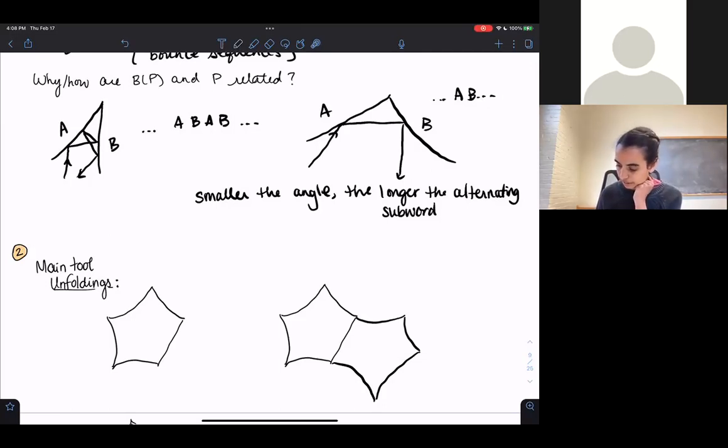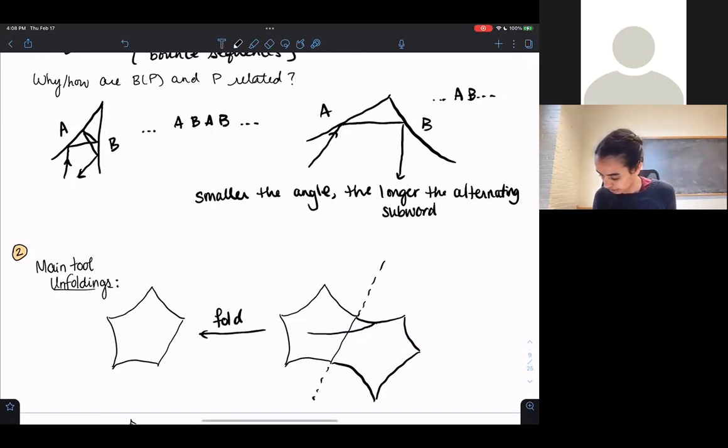And this makes a slightly larger billiard table around which a ball can bounce. And consider the map from here to here, where I simply fold the larger billiard table into the smaller one across this line. And what I notice here is that a billiard trajectory here will get folded up into a billiard trajectory here.